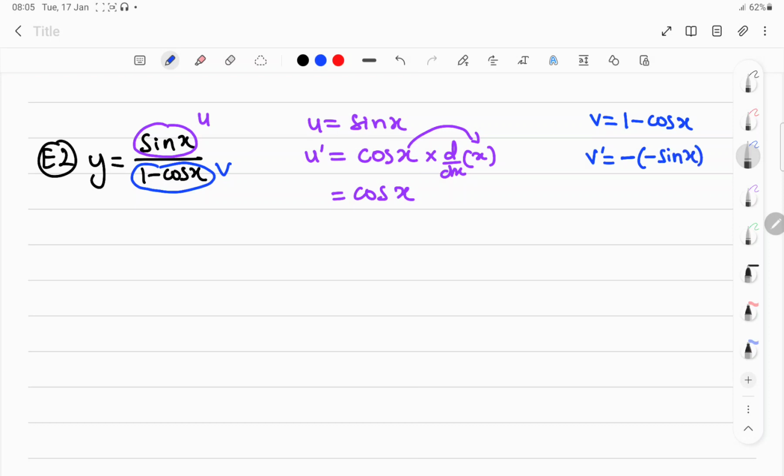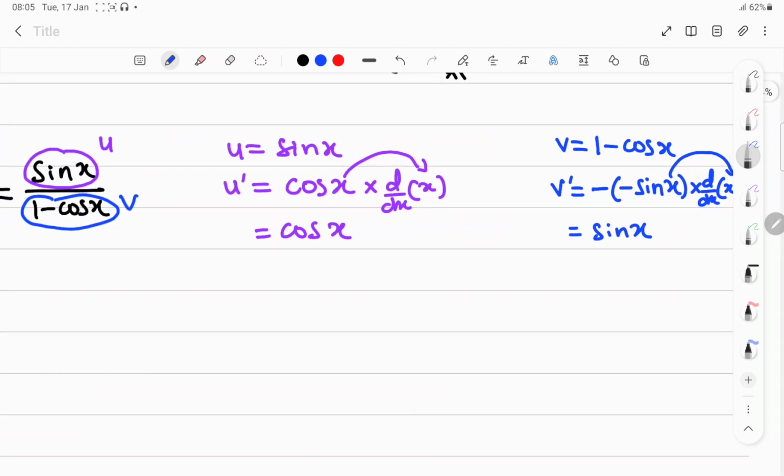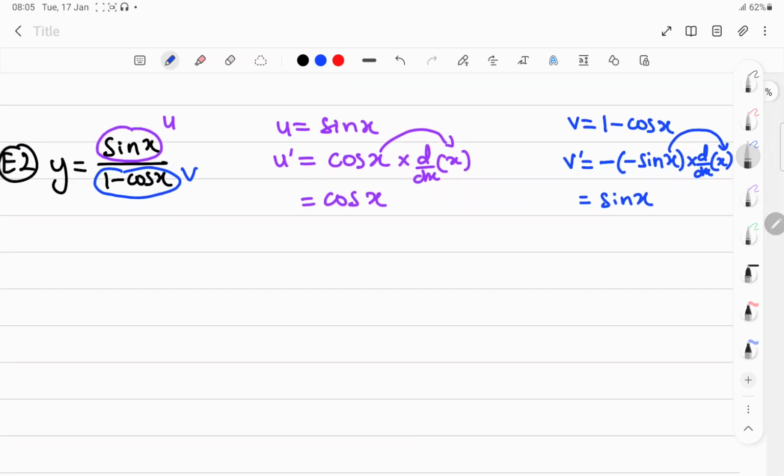Multiply by the differentiation of the f(x), which is x. The function inside sine is x, so differentiate x is 1. Minus sine x itself, multiplied by 1, no need to write.